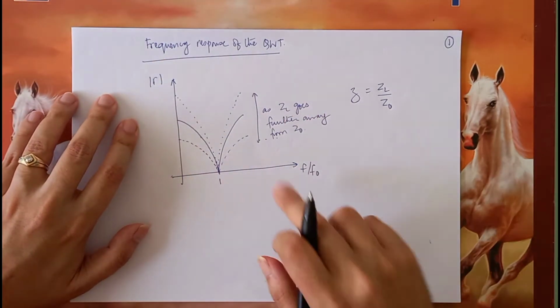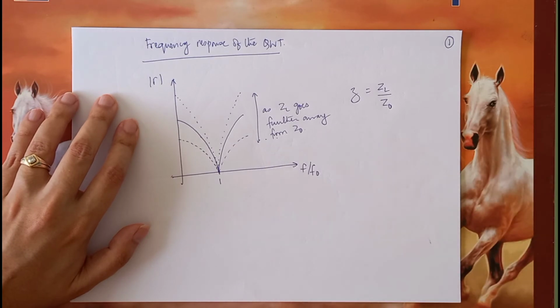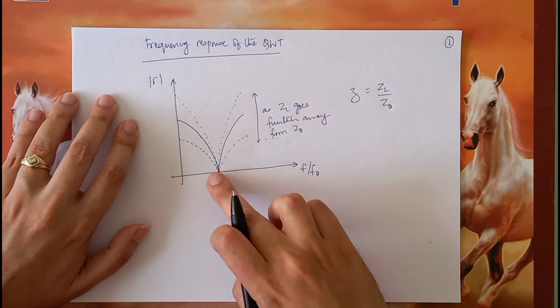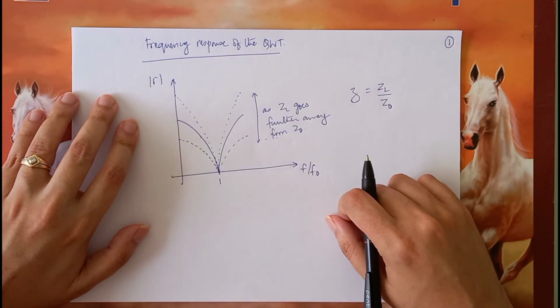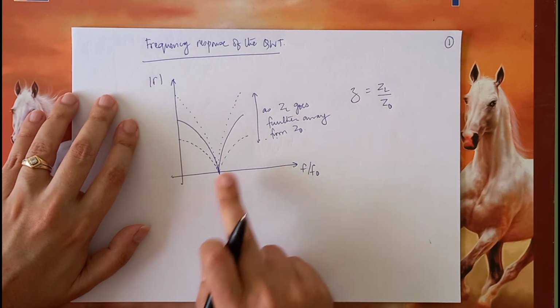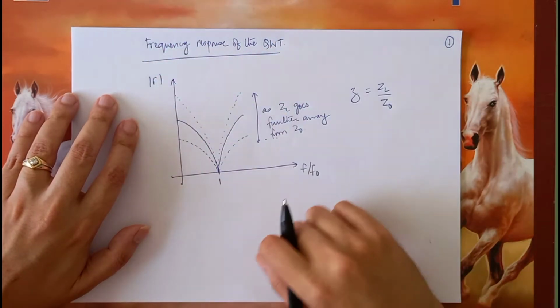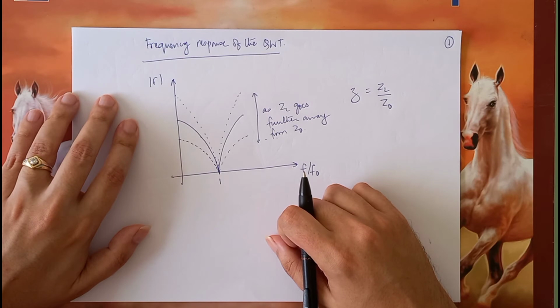But what we concluded was that without loss of generality, because it has only one minima and the mod gamma rapidly increases as we move further away from f by f0, or this minima, as the f by f0 moves more and more away from 1 either way, the mod gamma essentially starts rising very sharply.